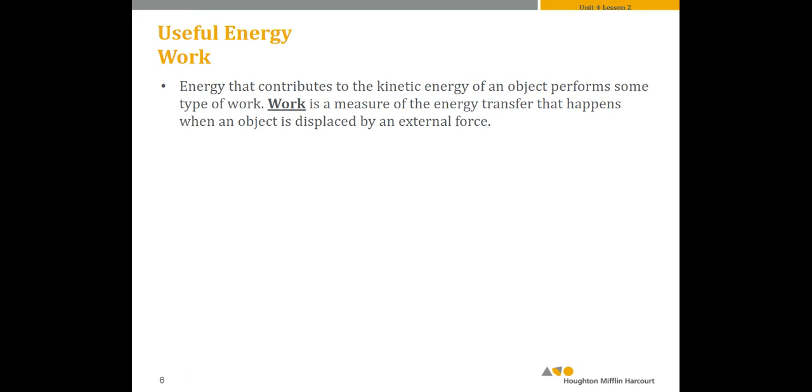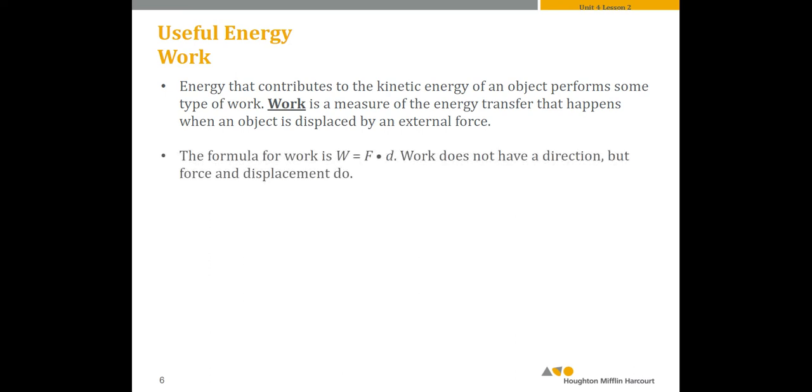So, if a person pushes a swing, if a boat pulls a water skier, a magnet lifts a paperclip, a static charge bends a stream of water, anything that moves something over a distance is doing work on that object. The useful energy output of a system is the work that it does.